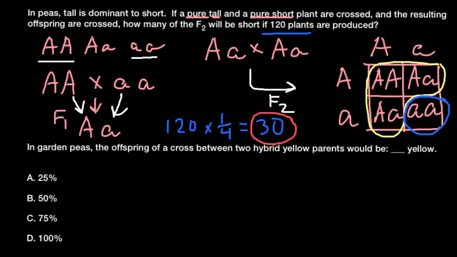So if we are told that we cross two hybrids, and both parents are hybrid for the trait yellow, let capital Y be the dominant allele and small y the recessive allele. So we have to cross two parents that are heterozygous for this trait.